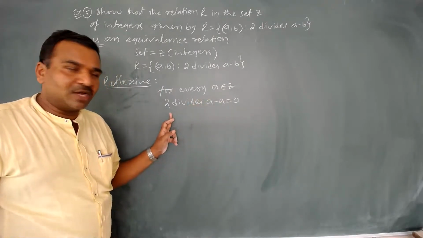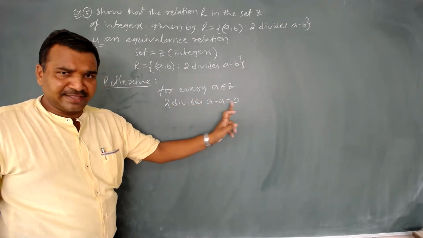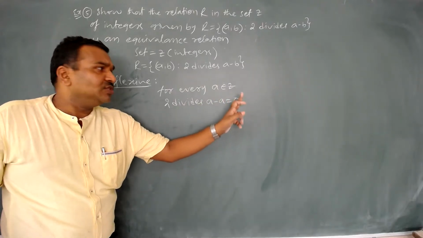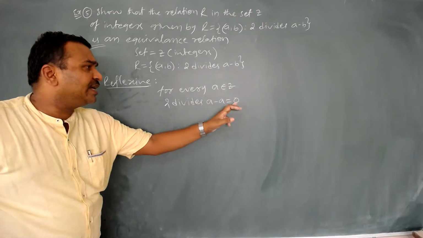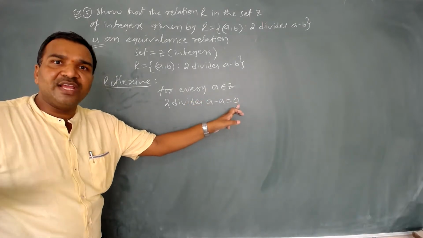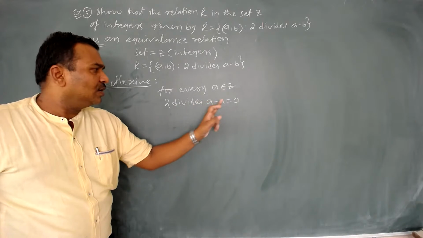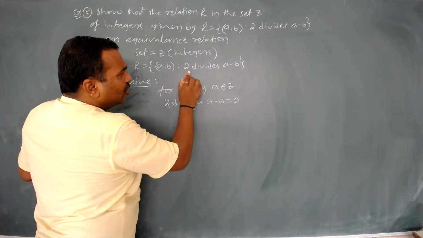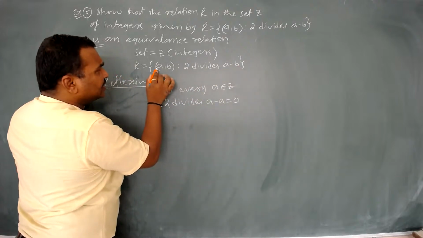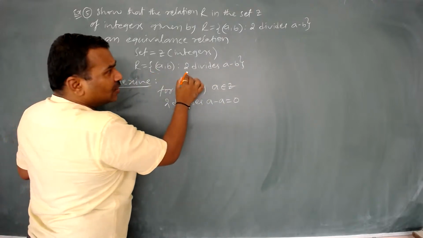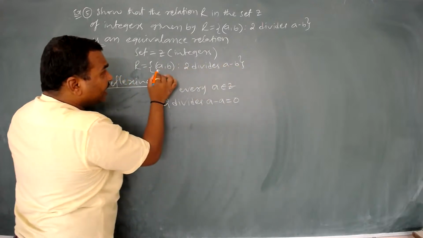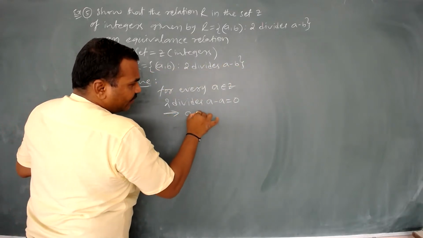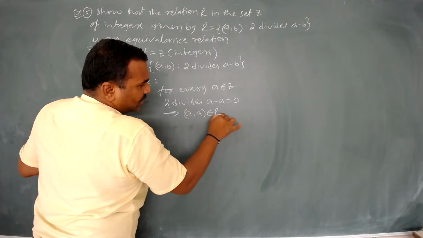Yes, it is possible, because 0 is divisible by every nonzero integer, so 2 divides 0. Try to understand: if 2 divides a minus b, then we can say (a, b) belongs to R. Now 2 divides a minus a means (a, a) belongs to R. So directly we can write (a, a) belongs to R.